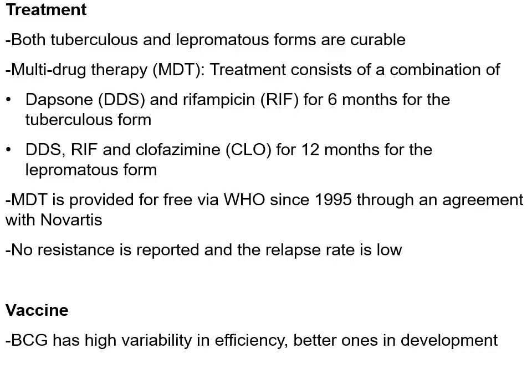Regarding the lepromatous form, you give a combination of dapsone, rifampicin, and clofazimine, and that's given for 12 months. Now, this combination of drugs is provided for free because of an agreement between Novartis, the drug company, and WHO. So far, there is no resistance that is reported, and the relapse rate is low.